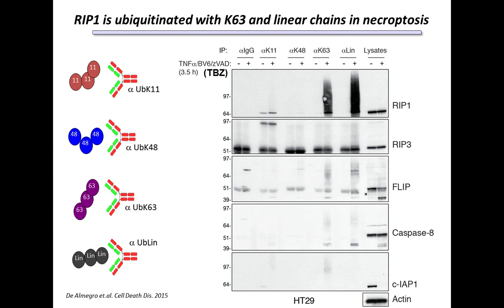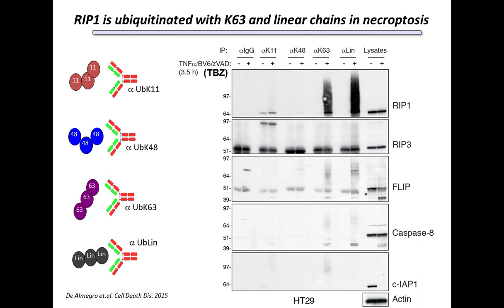And one place where we could see that quite readily was in studying the ubiquitination through ubiquitin linkage-specific antibodies. These are antibodies that were developed here at Genentech originally by Marissa Matsumoto and Vishva Dixit. And these antibodies recognize a number of the different forms of polyubiquitin linkages, including those linked through lysine 11, lysine 48, lysine 63, and what we call the linear chains, or those linked through methionine number 1.